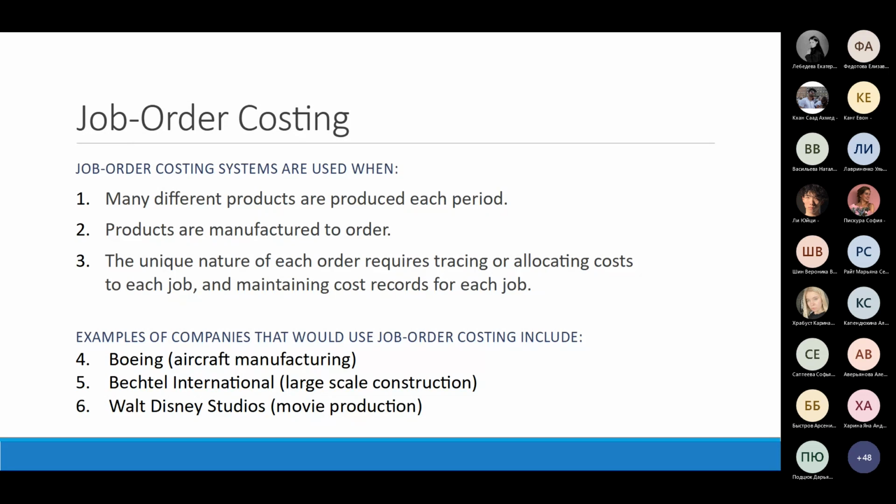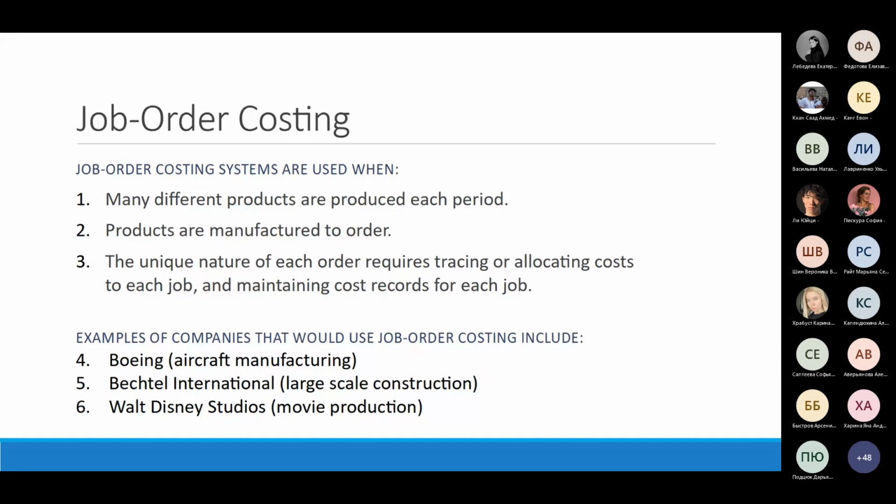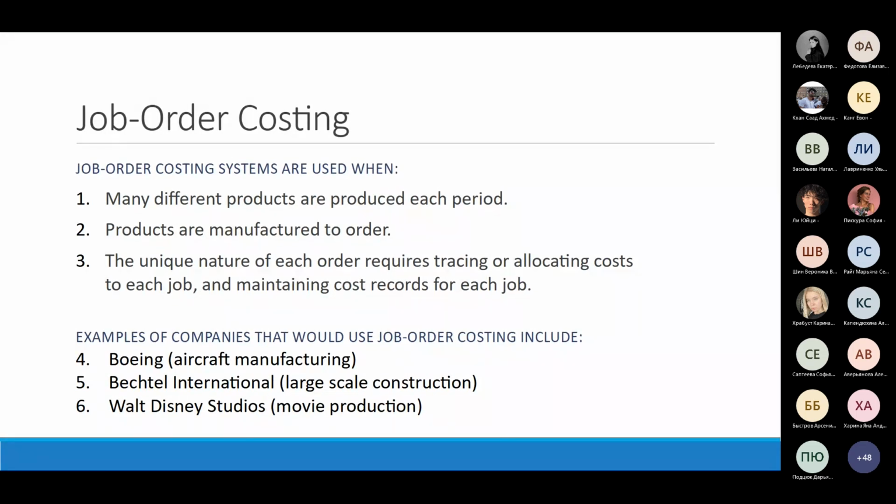Bechtel International is a company which provides large-scale construction, and each building is unique and each construction is unique. Walt Disney Studios also use the job order costing method to produce their movies. And we can list many other examples of job order costing.